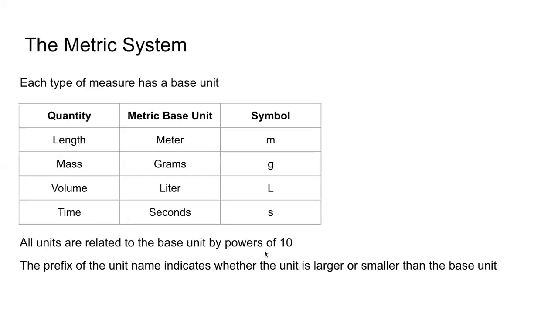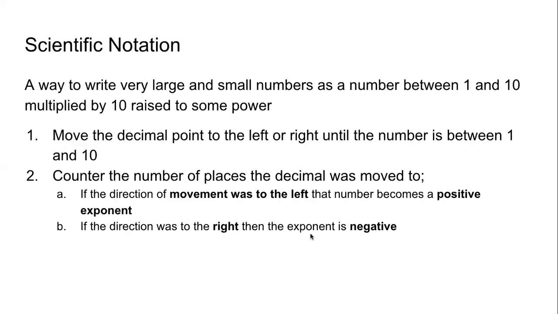So before we talk about this, I want to focus on this powers of 10. And to do that, we'll need to understand some scientific notation. Scientific notation is a way to write very large and small numbers as a number between 1 and 10 multiplied by 10 raised to some power.